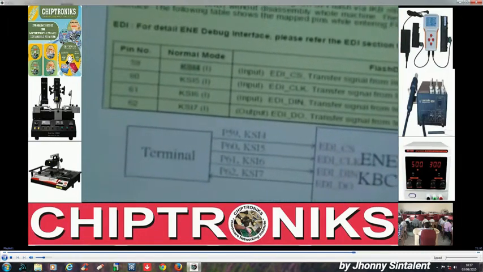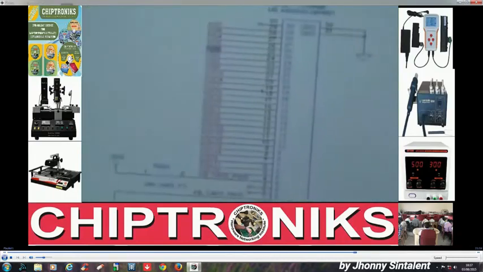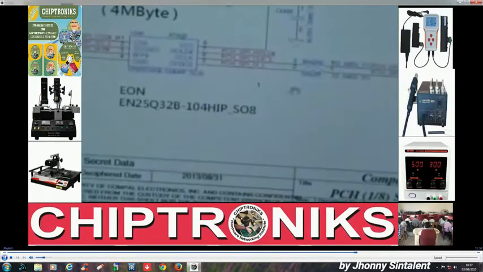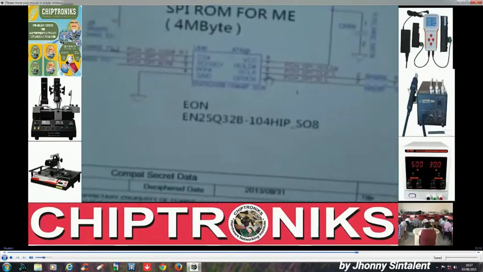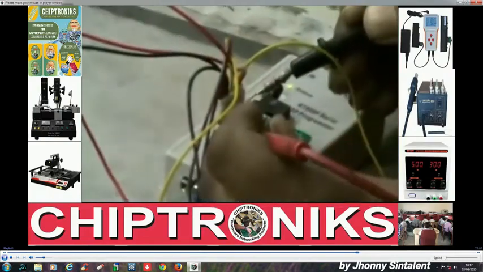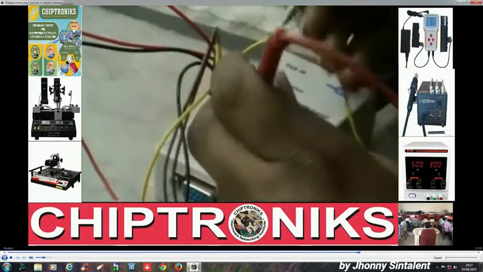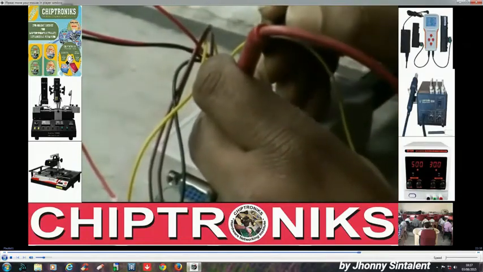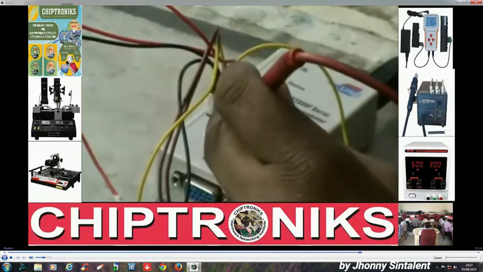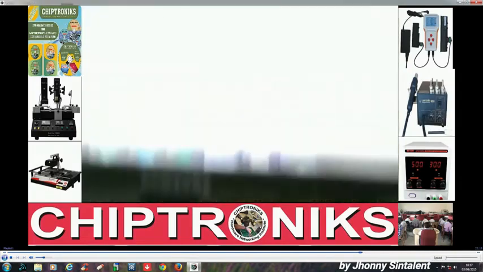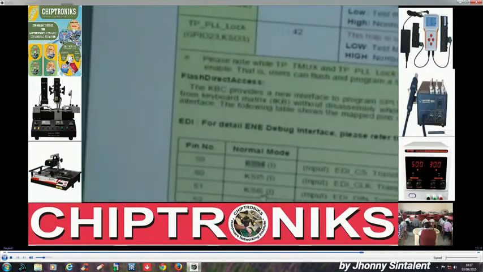Now we have to connect the MOSI, that is serial input. Serial input is present at pin number 5. So we have to connect 1, 2, 3, 4, 5. You can see 5 will give a beep. So this is our pin number 5, and we have to connect it with, you can see again in the data sheet, KSI6.